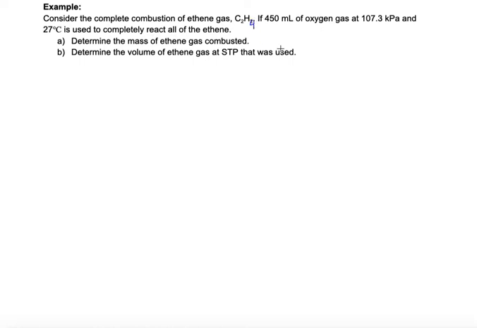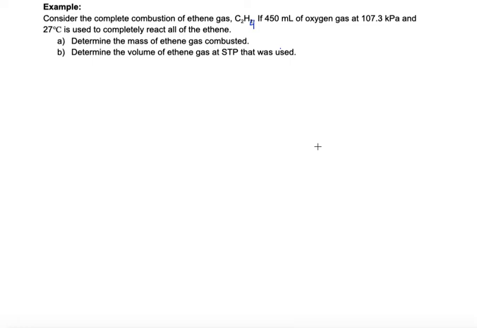If 450 mL of oxygen gas at 107.3 kPa and 27 degrees Celsius is used to completely react all of the ethene, the first thing we want to do is determine the mass of the ethene gas combusted. The second part of this problem asks us to determine the volume of ethene gas at STP that was used.